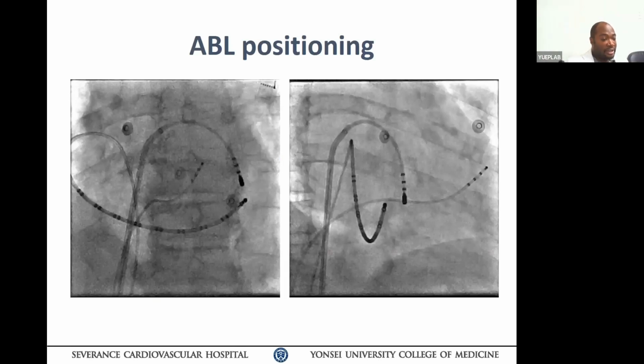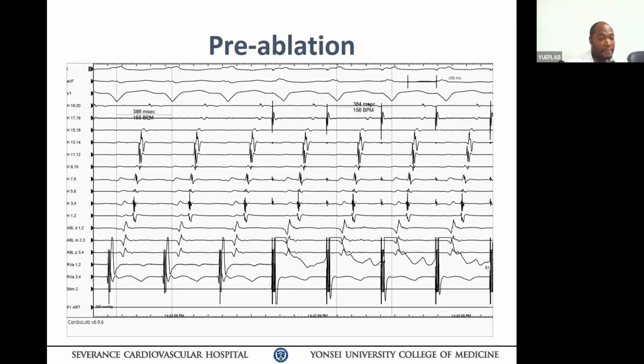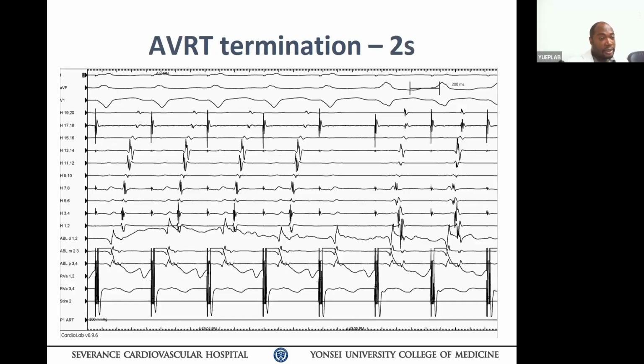So we did a septal puncture and then mapped the position of the left lateral accessory pathway. Pre-ablation, the patient was in tachycardia. So we paced at the tachycardia cycle length before starting the ablation, so that on termination of the tachycardia, there wouldn't be a sudden drop that could cause complications.